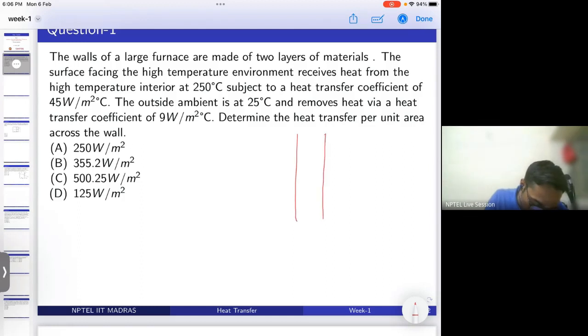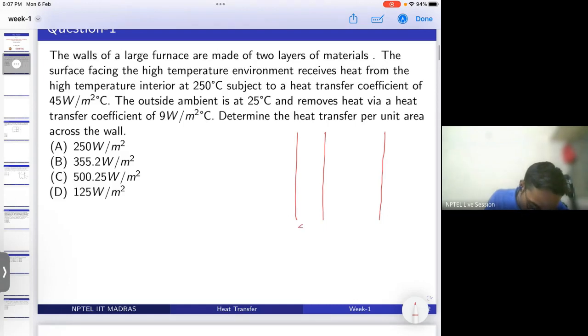So we have a composite wall. I will give the figure. I think some values are missing in the question. One layer is steel and the other is brick.